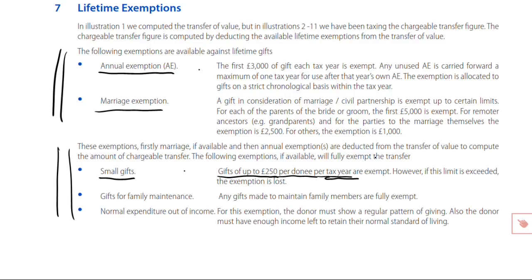So if I make a single solitary gift in the tax year of, say, £200 to a nephew, niece, friend, relative, whatever, then that single solitary gift of £200 is not more than £250 per donee per tax year, and that therefore is exempt. It means it will not come into any IHT computations. Whether you do or whether you don't die within the next 7 years, it is exempt, end of story.